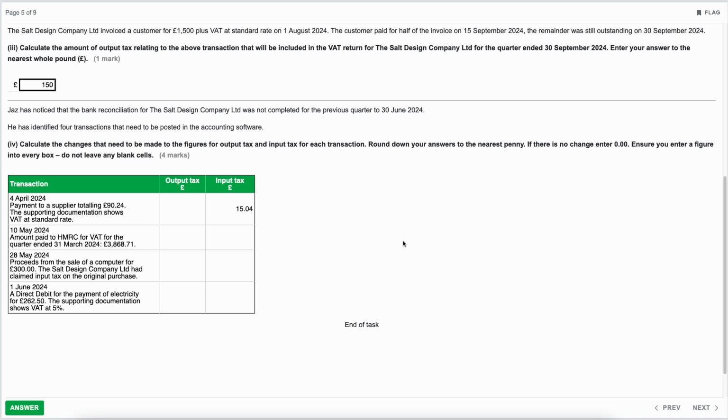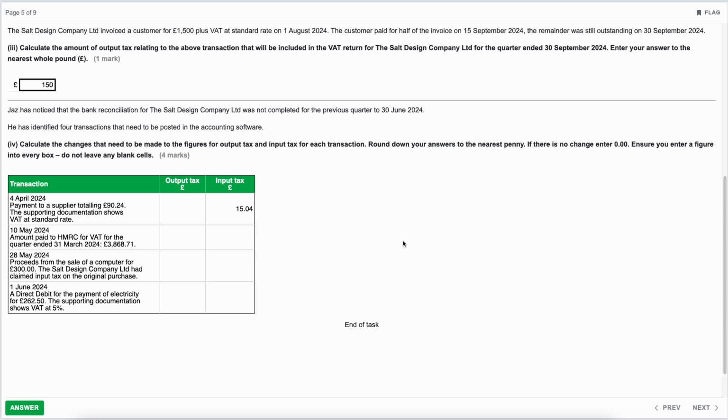Statement number 2 then. On the 10th of May 2024, the amount paid to HMRC for VAT for the quarter ended the 31st of March 2024. And that's for £3,868.71. Well, because it was a payment to HMRC, there is no VAT on that amount. That is the VAT. So that would be the amount that was owed from the previous quarter, which it actually tells us here, which is the 31st of March 2024.